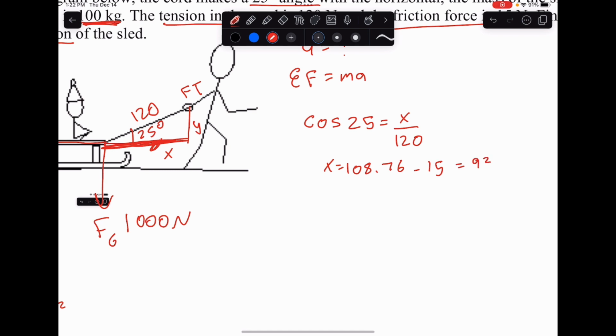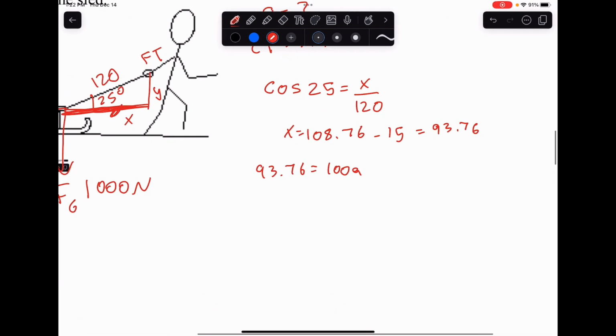So 93.76. So that's total force. Now we got the mass, 100. So this number over 100 equals 0.937 or 0.94 meters per second squared.